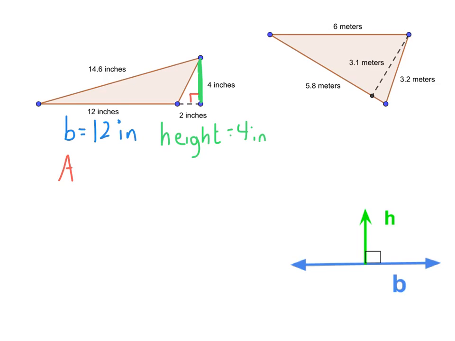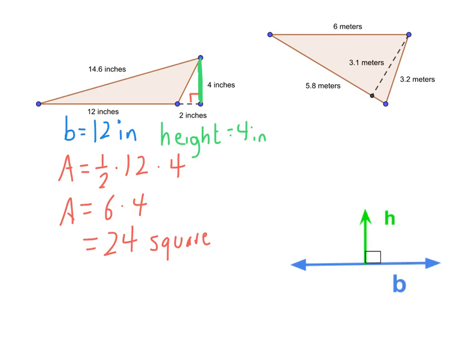Now I want to find area equals 1/2 times 12, and for right now I'm not going to write down the units. We'll put that in at the end, times the height, which is 4. 1/2 of 12 is 6, so that is 6 times 4. That is 24, and this is area, so this must be measured in square inches.